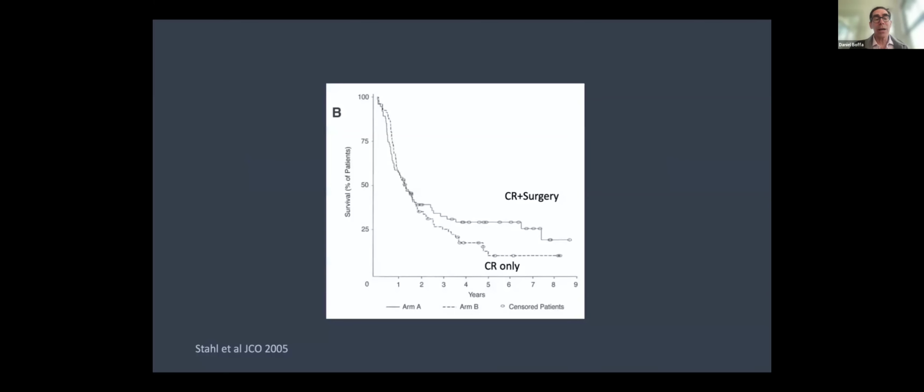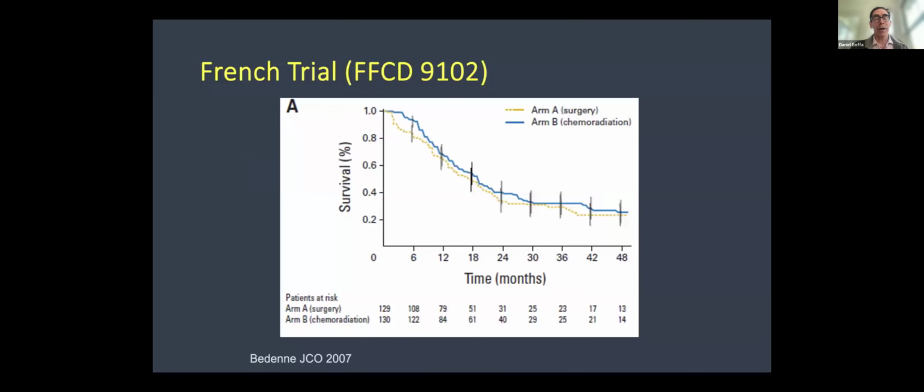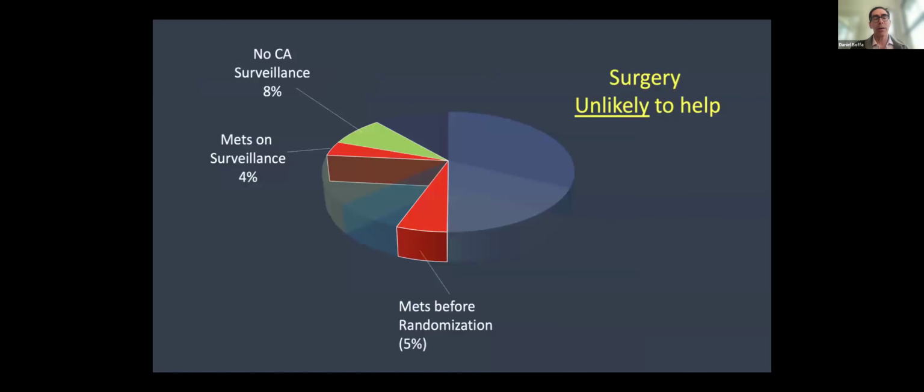And this is not terribly different from what we saw in the German trial with chemoradiation alone. The French trial was a little bit better in terms of survival, but 16 to 20%, I think, is a reasonable expectation for non-surgically managed, particularly adenocarcinoma.